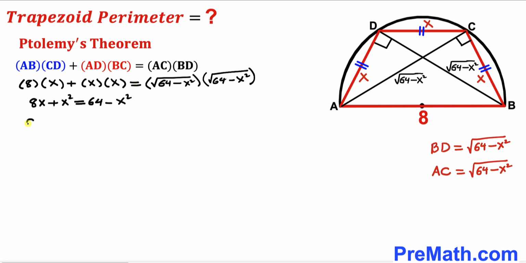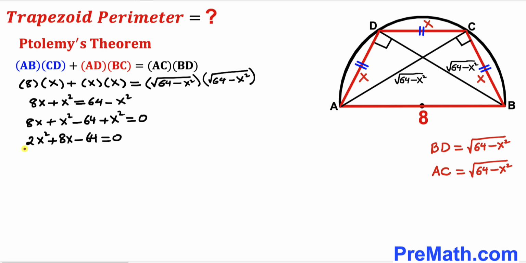So therefore we can write 8x plus x square minus 64 plus x square equal to 0. Let's combine the like terms. So we are going to have 2x square plus 8x minus 64 equal to 0.